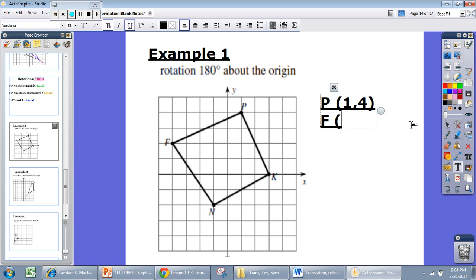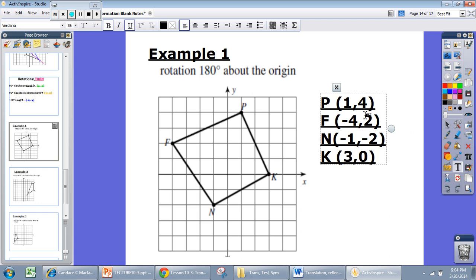F is negative 4, 2. I guess I'll do N first. N is negative 1, negative 2, and then K is 3, 0.